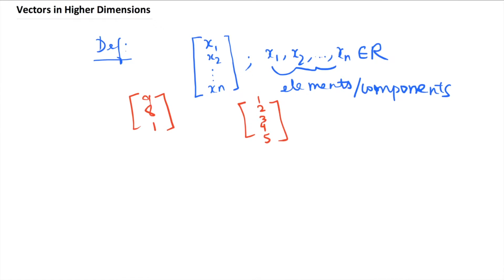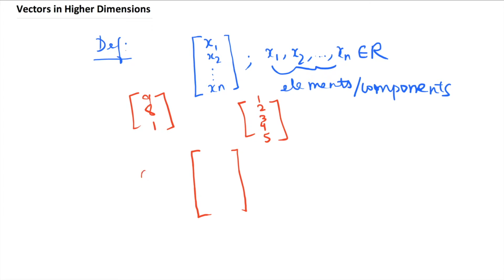An n-dimensional zero vector is a vector where all elements are zero. So let me draw this. Let this be a zero vector of n dimensions. This vector will have n zeros stacked on top of each other.